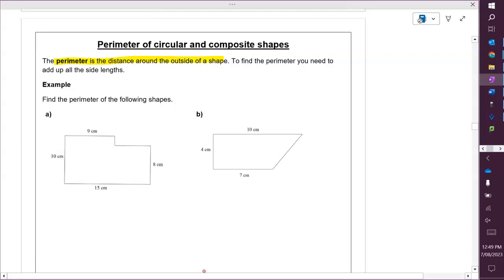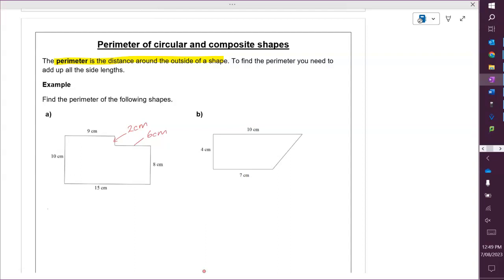So if this whole length here is 10 and this is 8, this part here would be 10 minus 8, which would give us 2 centimetres. This measurement, I've got 15 down the bottom here, 9 here, so 15 minus 9 would tell me that that is 6 centimetres.